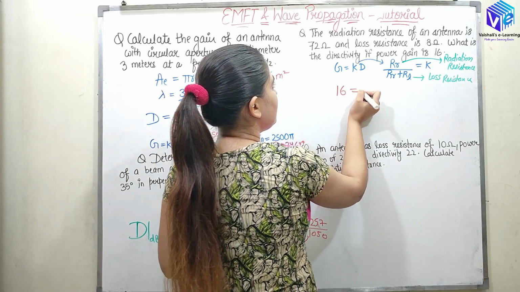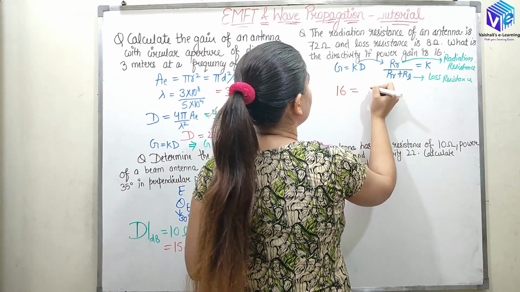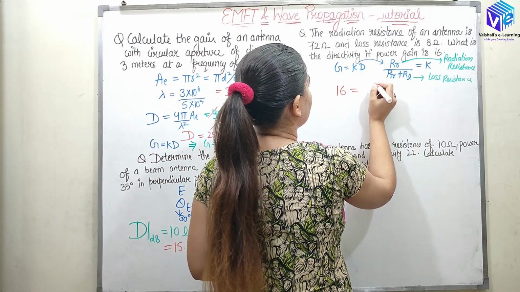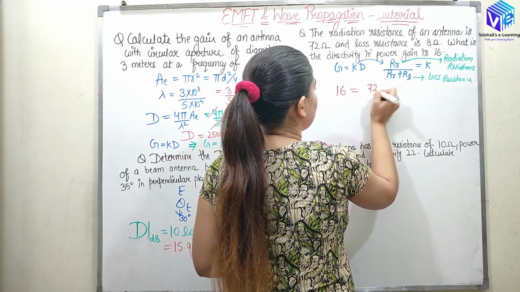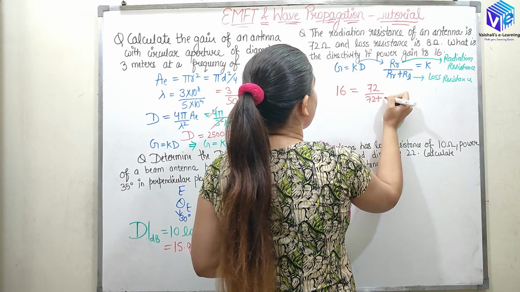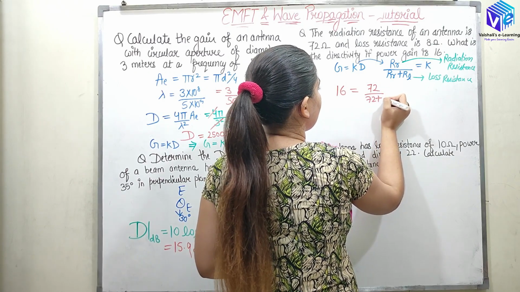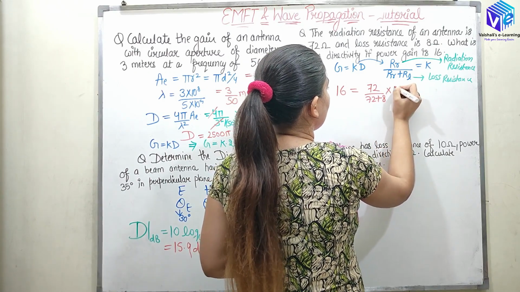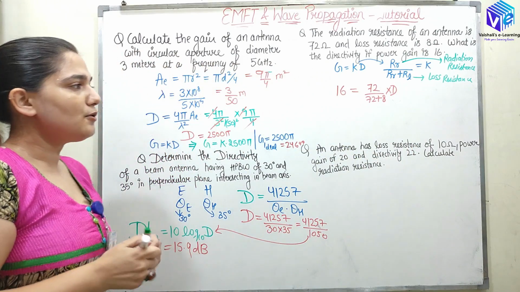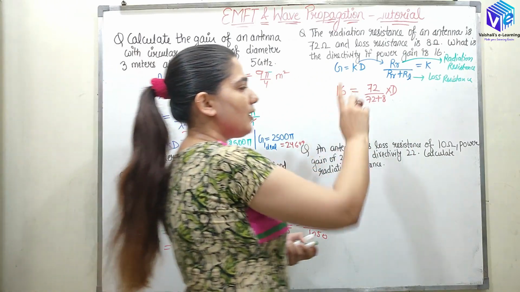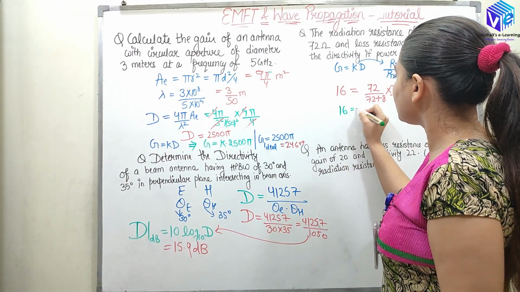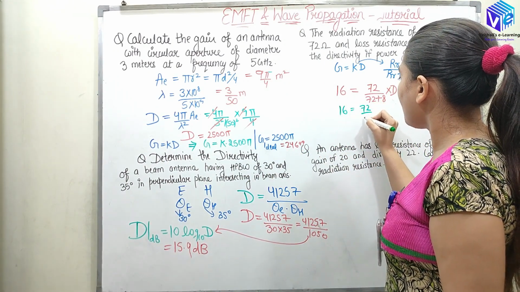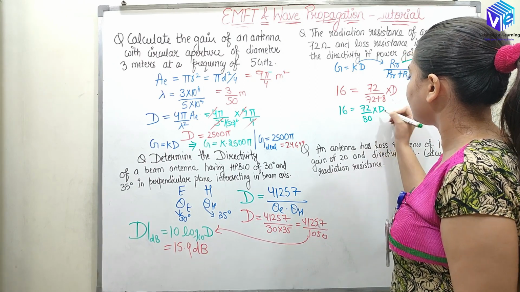Okay, so now what is gain? Gain is 16. RR is 72, here 72 plus RL is 8, into directivity. So now we just need to know one parameter, that is directivity. So 16 is equal to 72 upon 80 into directivity.